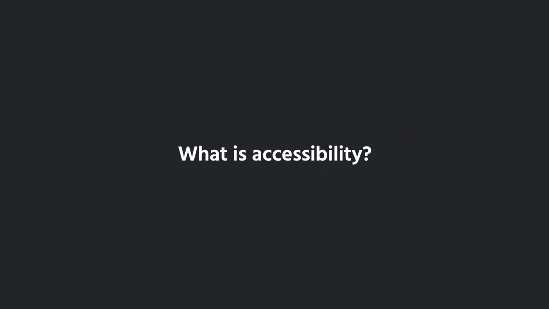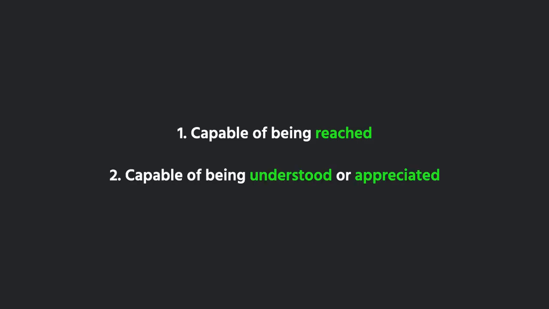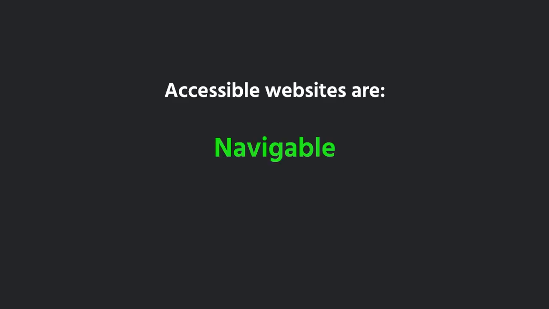So just real quickly, just to go over the basics, what is accessibility? Accessibility means that something is capable of being reached, or it's capable of being understood or appreciated. So when we talk about websites being accessible, we're really talking about them being navigable and comprehensible.